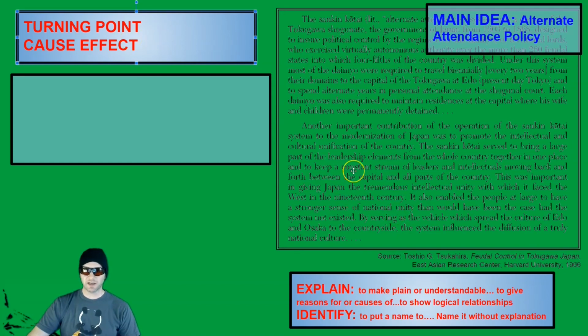And a cause and effect, this already does the cause and effect. It says there's an alternate attendance policy, and the effect was a unified, culturally intelligent Japan that shared a common national culture. So this already does a cause and effect inside the document. So we're not going to spend time trying to figure out another document to show a cause and effect.